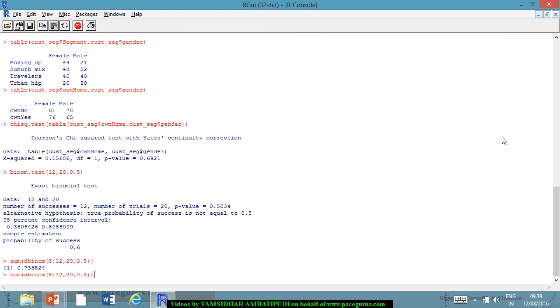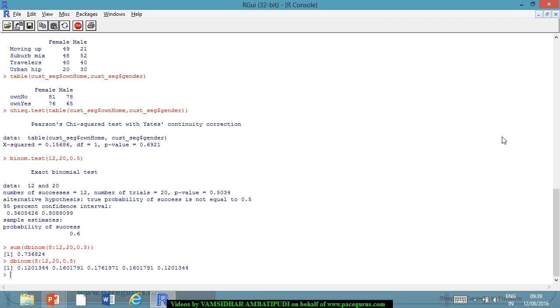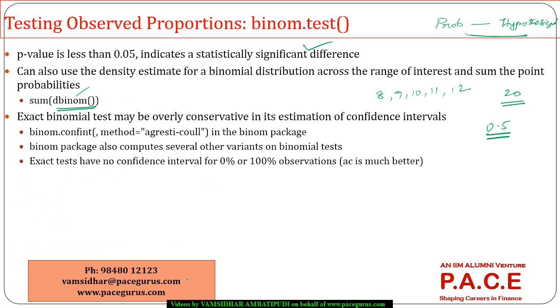And in the same way, if I don't do a sum and just leave it to dbinom, I get the probabilities of each of the individual outcomes. So what is the probability that 8 out of 20 are successful, 9 out of 20, 10 out of 20, 11, 12 out of 20? This is what a binomial distribution can typically do.